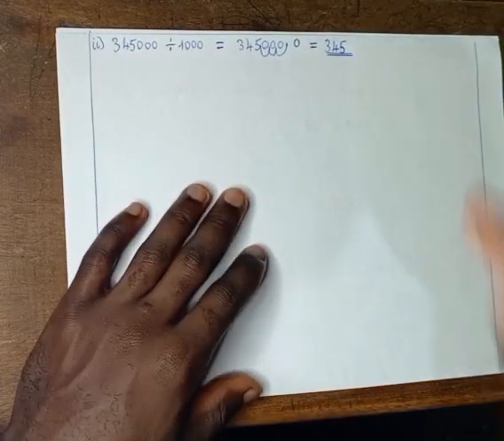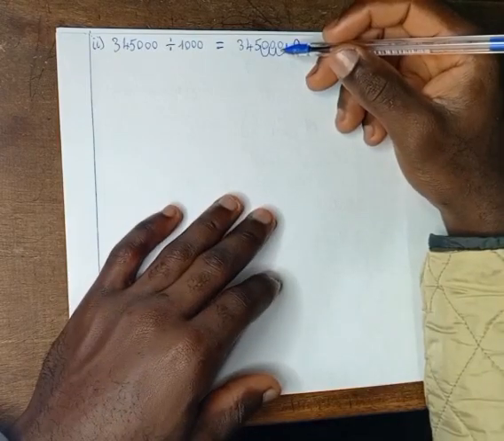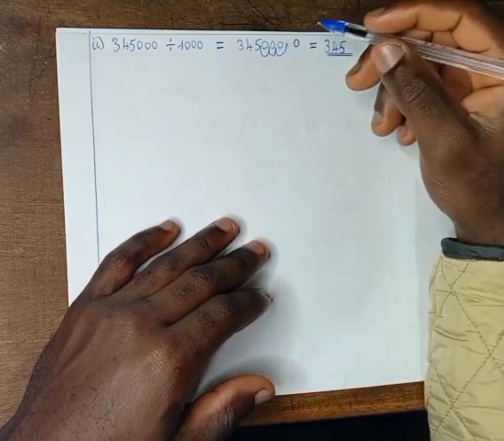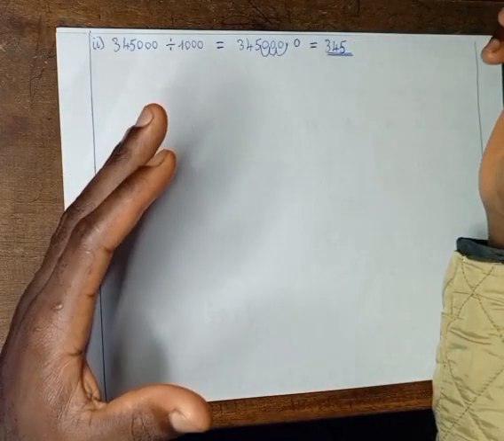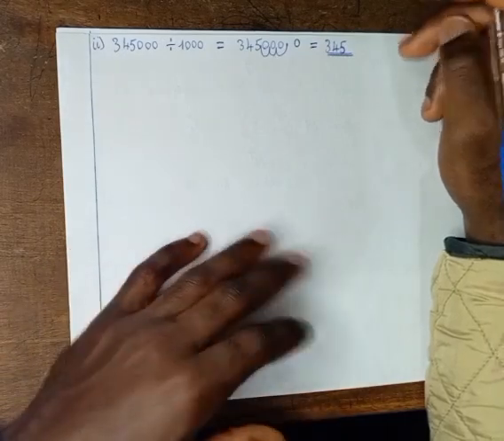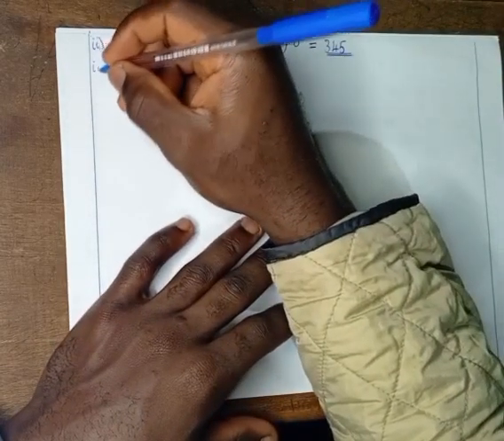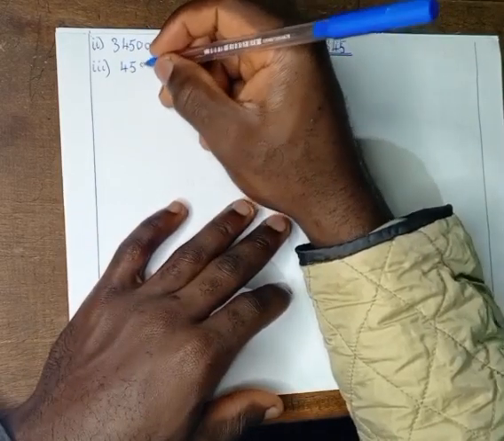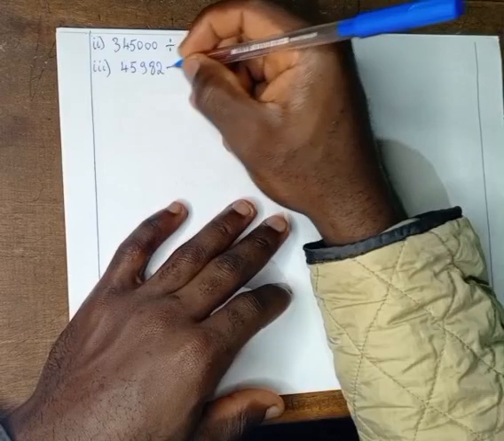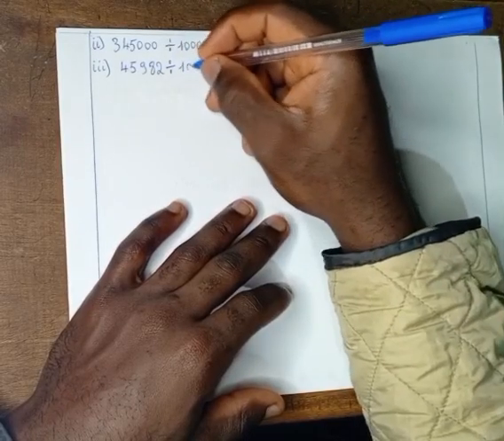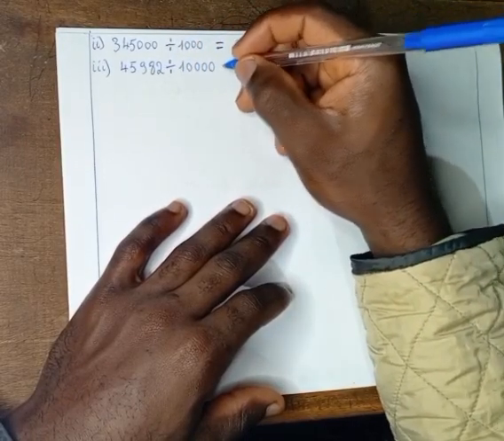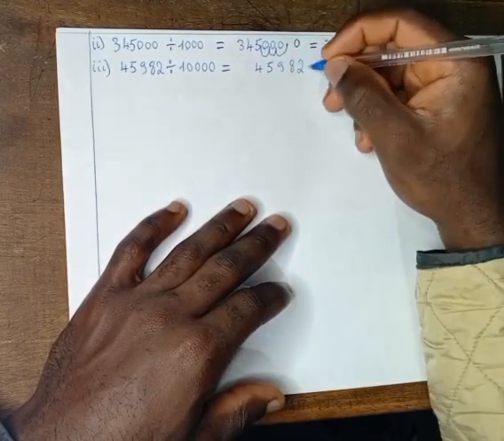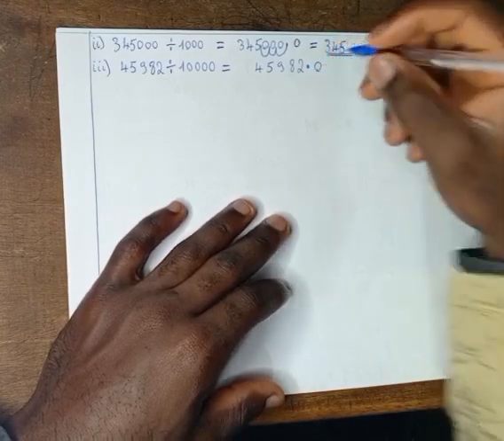You must take note that in a case where we have a non-zero digit after the decimal point, the digit must be written down. Or if we have a 0 in between two non-zero digits, we must write down the 0 after the decimal point. Let's take, for example, example 3. We are dividing the number 45,982 by, let's divide this number by 10,000. It will simply be equal to, we are going to write down the number 45,982.0 like this.